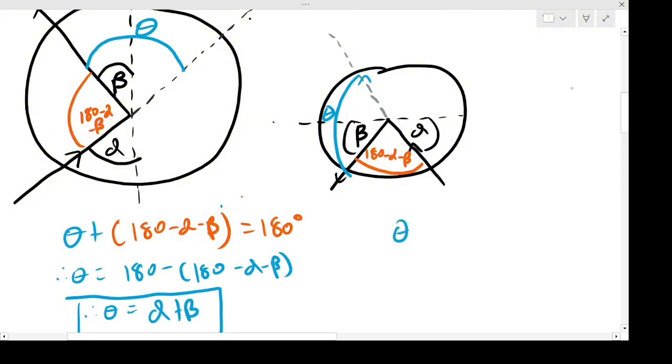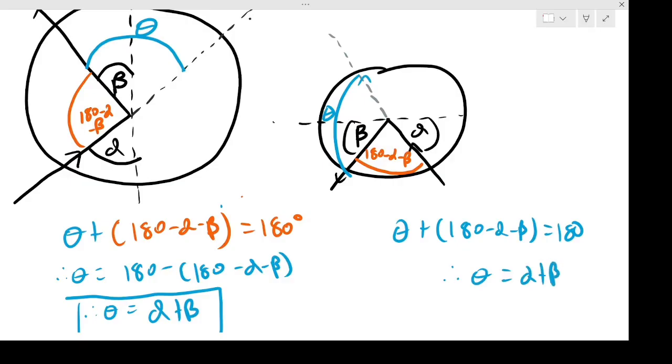So therefore again theta and then the orange angle, which is 180 take away alpha take away beta, would have to add up to 180. Therefore you would deduce theta is also alpha add beta in the same way. Okay, so yes, the angle deflection can differ depending on the situation, which is why you should extend the original direction, and then you can see it for yourself there.